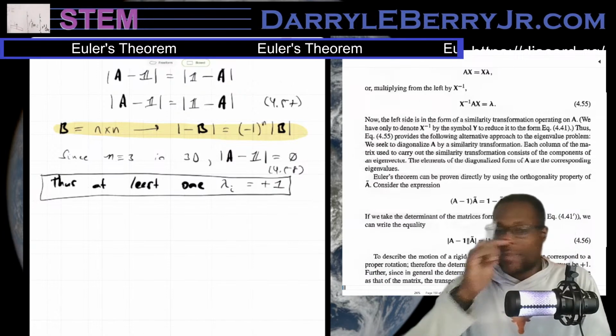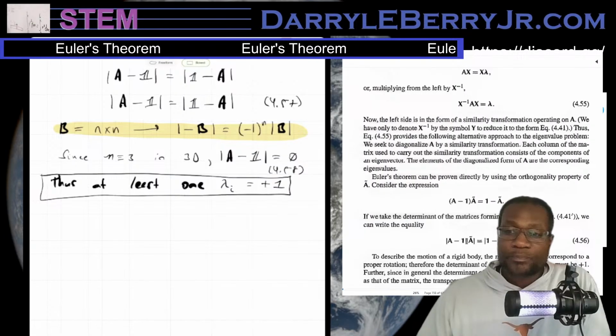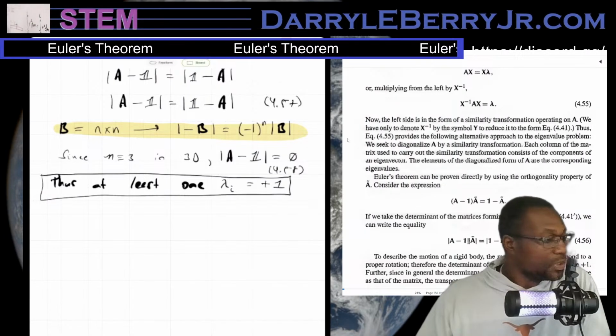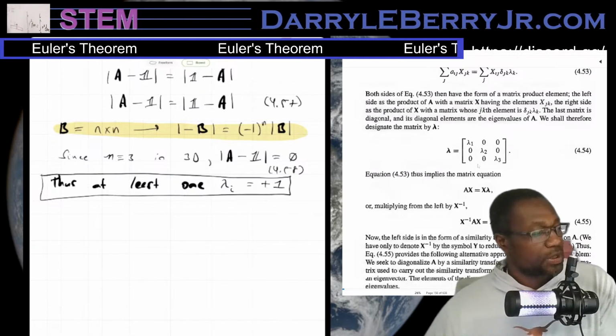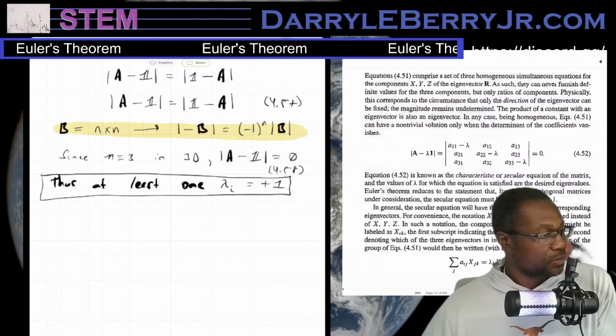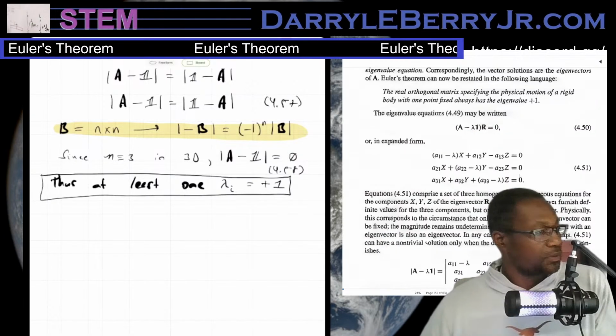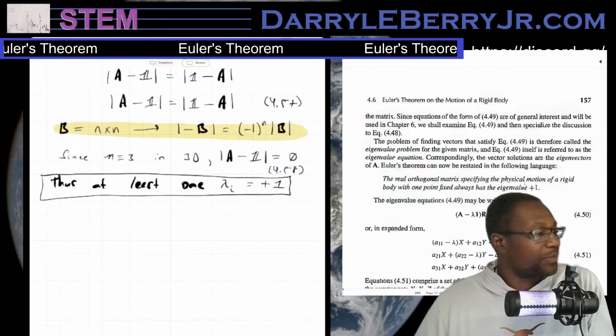So we're going back to what I did before, where we were looking at the matrix and linear algebra formulations for these matrices that form the Euler angles that represent a transformation of a rigid body around a fixed point.